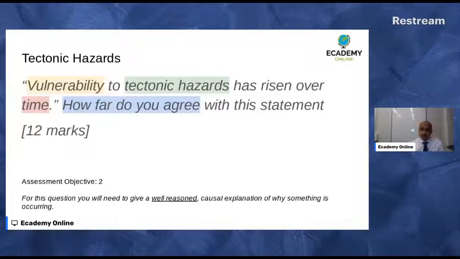Now remember, at A level, they're going to ask you temporal questions or spatial questions, or they might mix both spatial and temporal into the question itself. Particularly for shaping places, there will be questions which will require you to have an understanding of the spatial characteristics of something and how, temporally, things have changed over a long period of time.